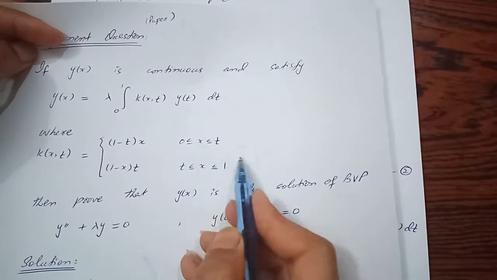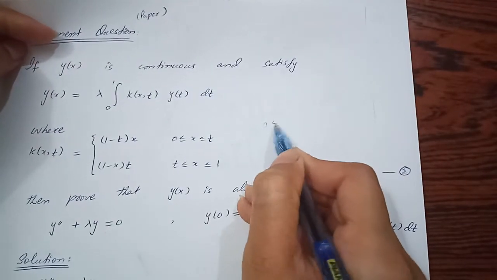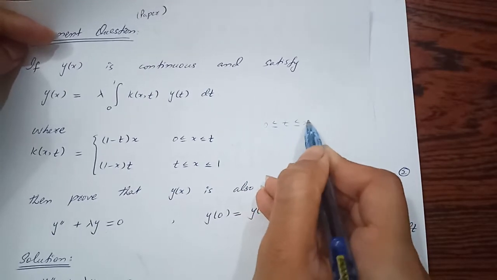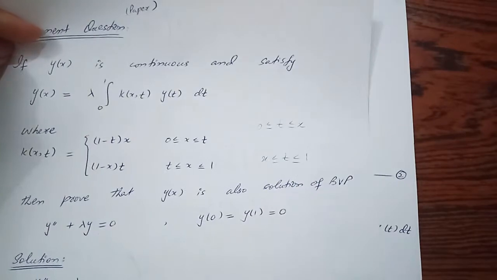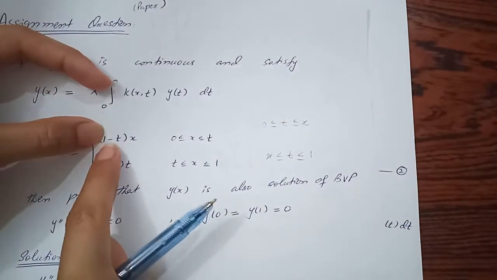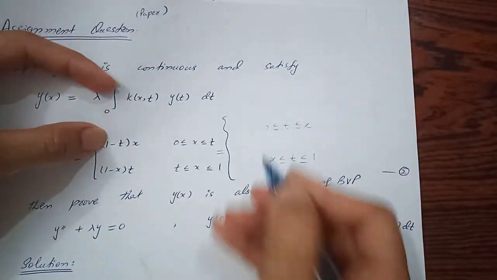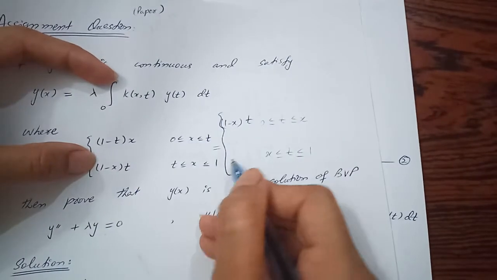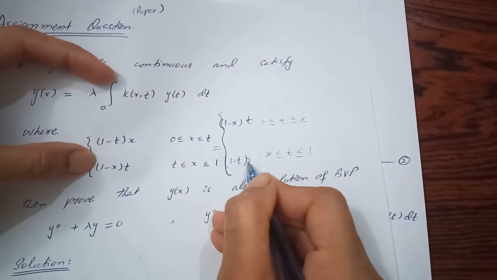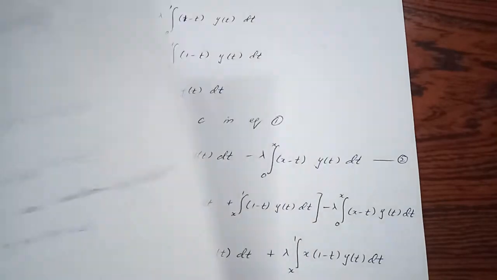After replacing, we'll get here 0 is less than or equal to t is less than or equal to x, and here we'll get x is less than or equal to t less than or equal to 1. And here what will we get? We'll get 1 minus x t, and here we'll get 1 minus t x. And then you can solve it.